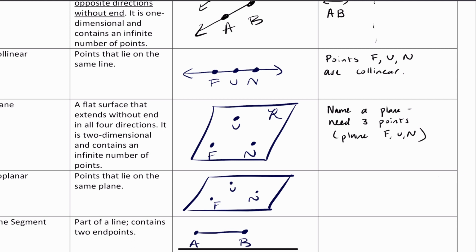And if you were to write this plane in a different way, you can take a look at the capital letter over here. That uppercase letter is another way that you can name this plane. So you can call that plane R. Make sure that you have that uppercase. So again, there are 2 ways that you can name this plane. Plane F-U-N, where you pick the 3 points, or you use the uppercase letter. Okay?